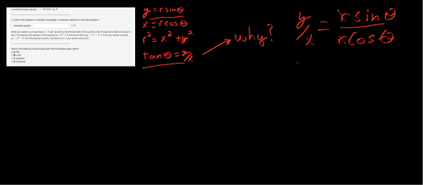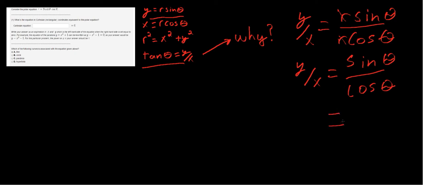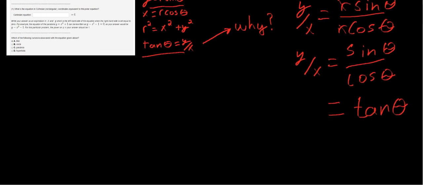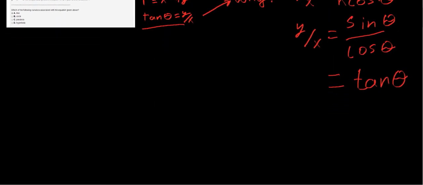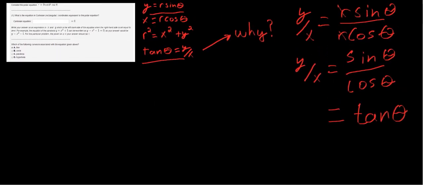We're left with y over x equals sine theta over cosine theta. And sine theta over cosine theta equals tan theta from just your trig identity. The reason I wanted you to know that is because we're going to use the relationship tan theta equals y over x in solving the problem.